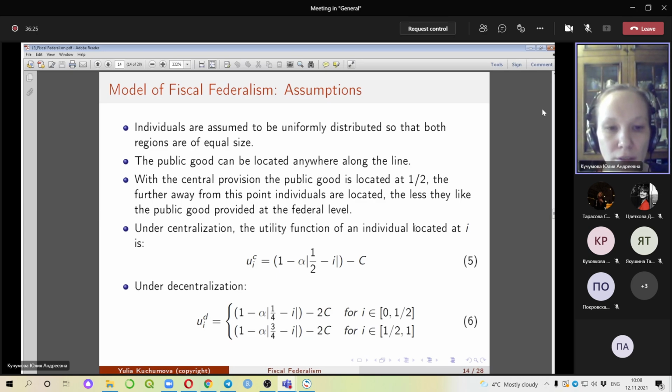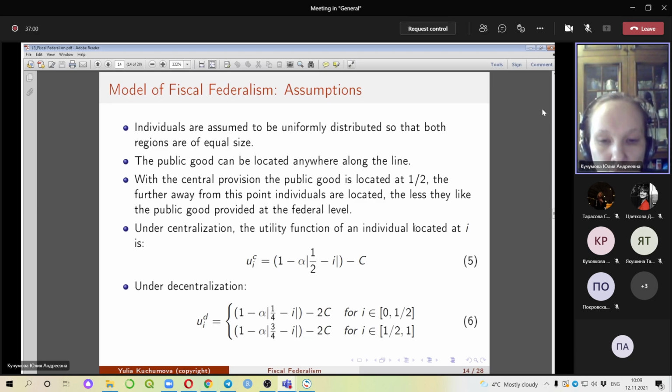The same idea is how we construct the utility function under decentralization. Here the utility function depends on whether you live in the left region or the right region. If I is between 0 and 1/2, you live in the left region, and then utility is 1 minus alpha multiplied by the absolute difference between 1/4 and I, minus 2C.